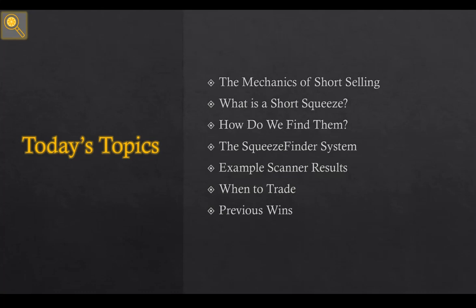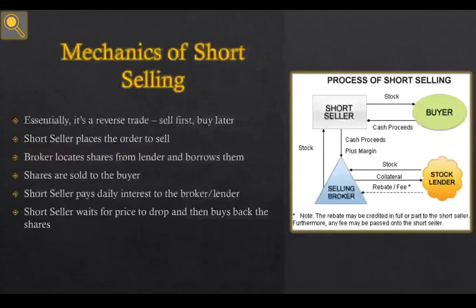What's the system built on? What's all the data that we look at? And then we'll look at some example results and then how to trade. What are the mechanisms for placing trades? How do you know when the squeeze is over? That kind of thing. And I do have a few previous wins, but they're outdated from earlier this year, so we can just breeze through some of that stuff.